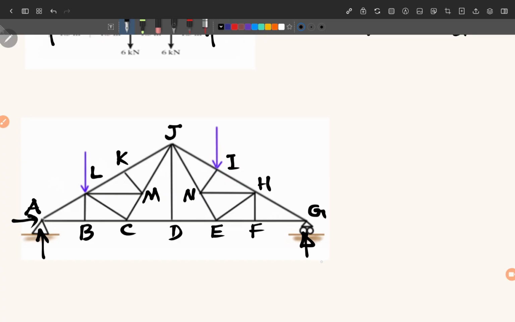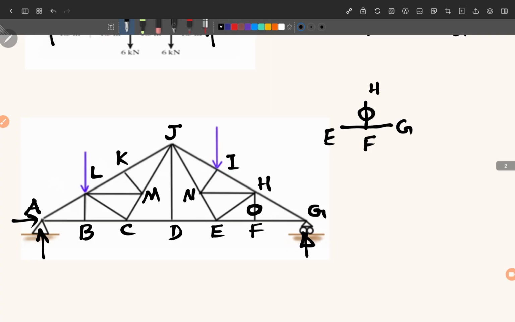So we come to joint F. Draw the figure for joint F. So F has G here and E here, and there is H. So when we apply rule number 2, FH will be equal to 0.